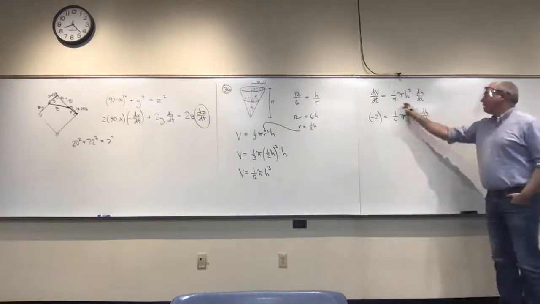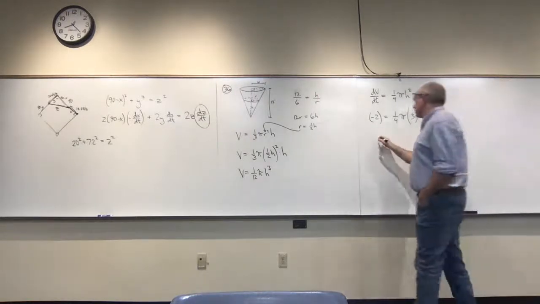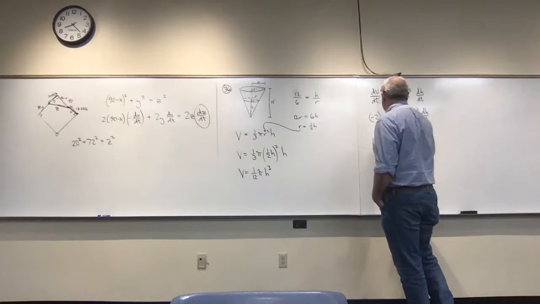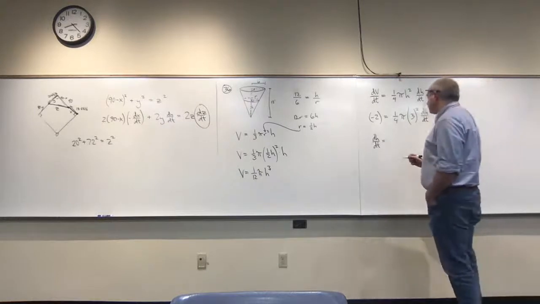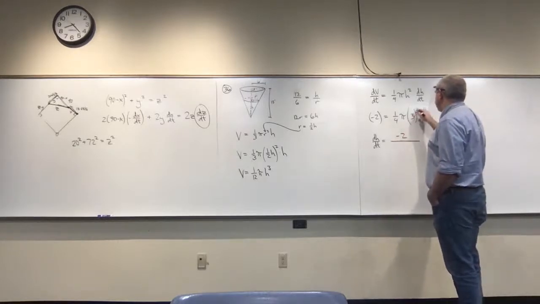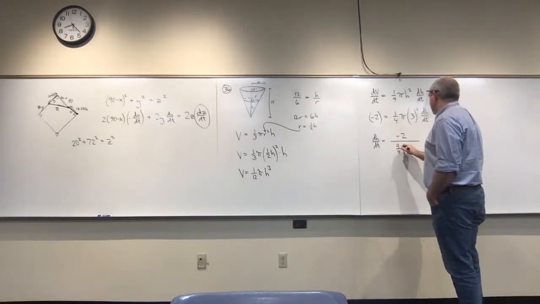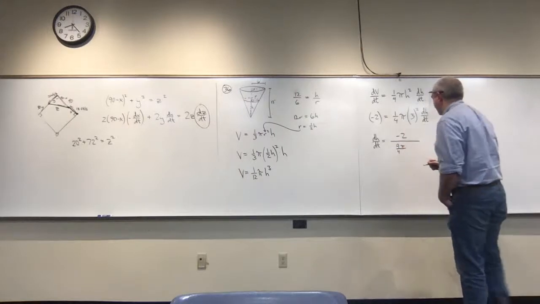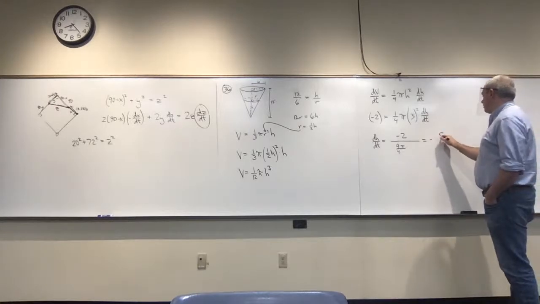And now I can just divide both sides by this value and get my dh/dt. So dh/dt is equal to, let's see, we got this -2 over, we'll divide by 9/4, and the pi is on top. So 9 pi over 4, or if you like, that would be -8 over 9 pi.